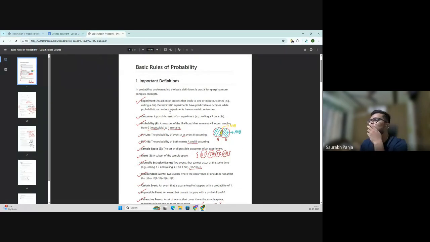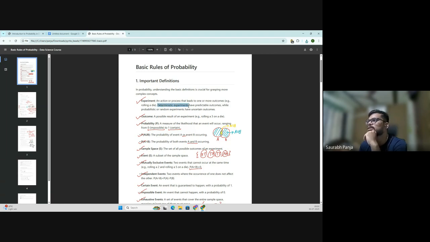Now, in probability, understanding basic definitions is crucial for grasping more complex concepts. Here is the experiment that we are doing, an action or process that leads to one or more outcomes. Example, rolling a dice. Deterministic experiments have predictable outcomes, while probabilistic or random experiments have uncertain outcomes.